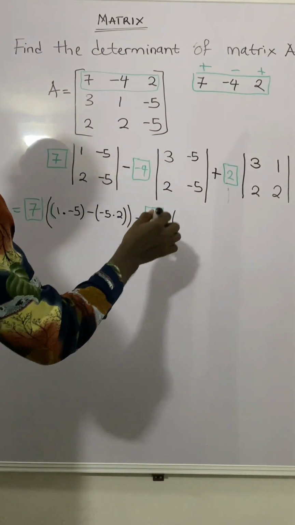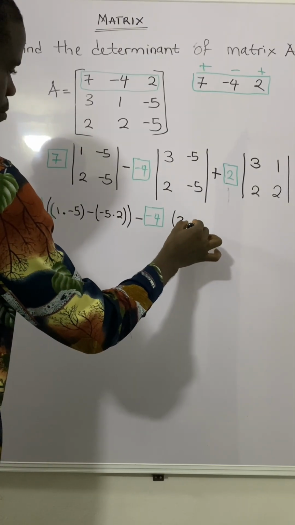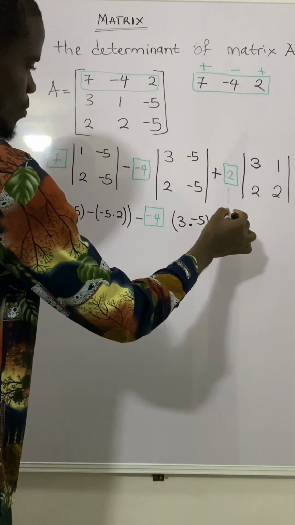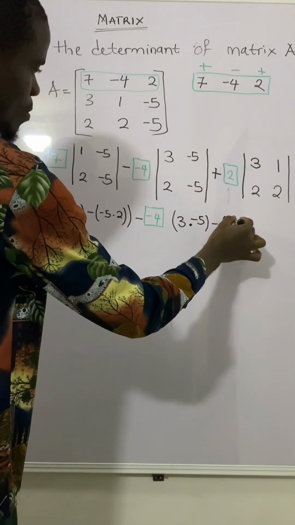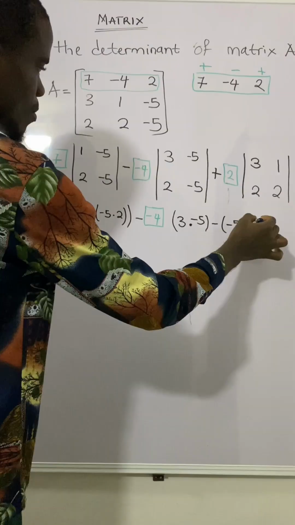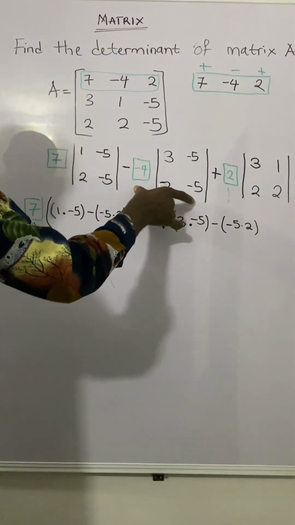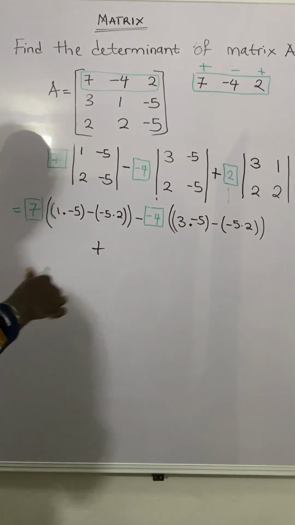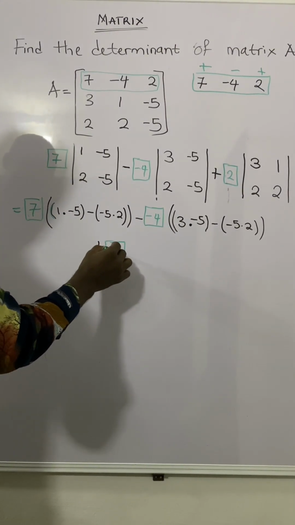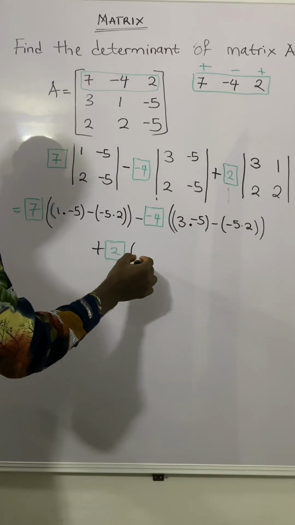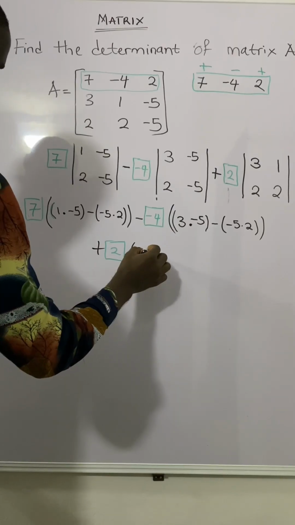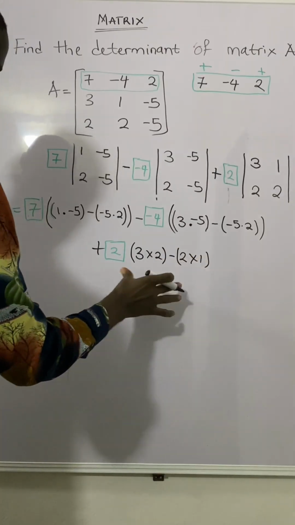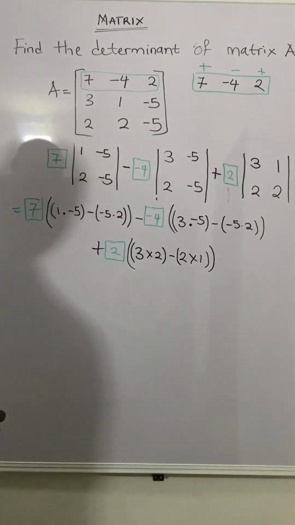Then open bracket, 3 multiplied by minus 5, minus 5 multiplied by 2. Since this is just for this alone, I'll cover this up with a bigger bracket. Then plus 2, bracket, 3 multiplied by 2 minus 2 multiplied by 1.